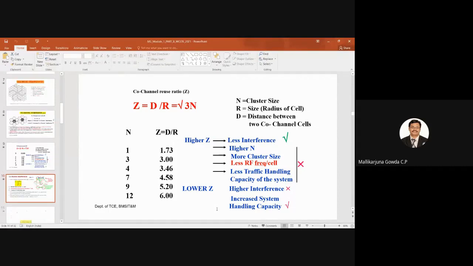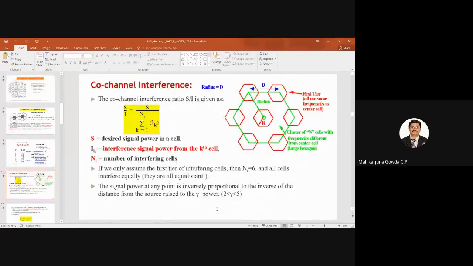Okay, to have a mathematical interpretation of the co-channel interference: as I said, the co-channel interference ratio is the signal to interference ratio.